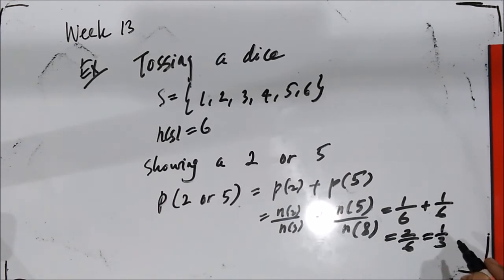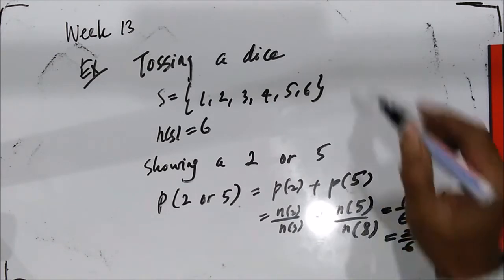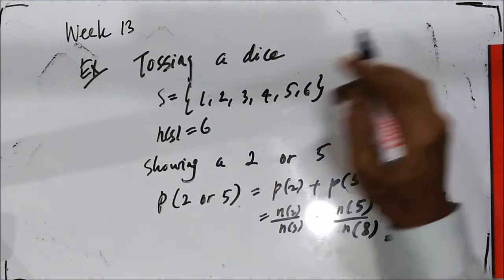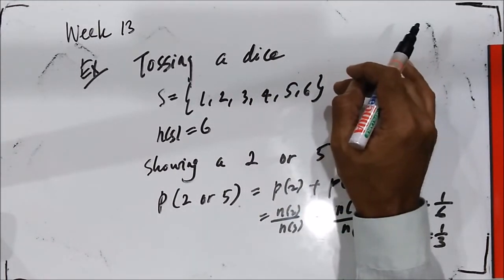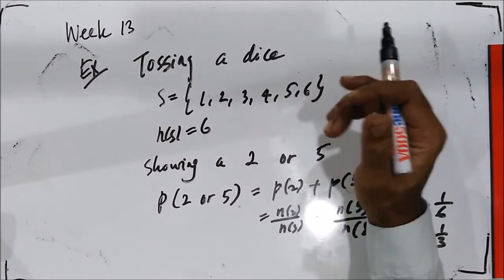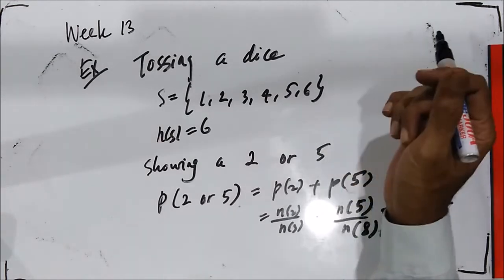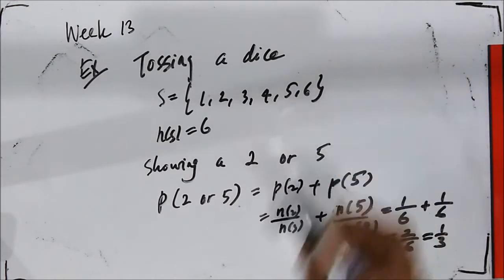This is how we solve for getting 2 or 5, because this is a case of mutually exclusive events. 2 and 5 cannot occur together. Once 2 occurs, it has nothing to do with 5. So this is known as mutually exclusive.